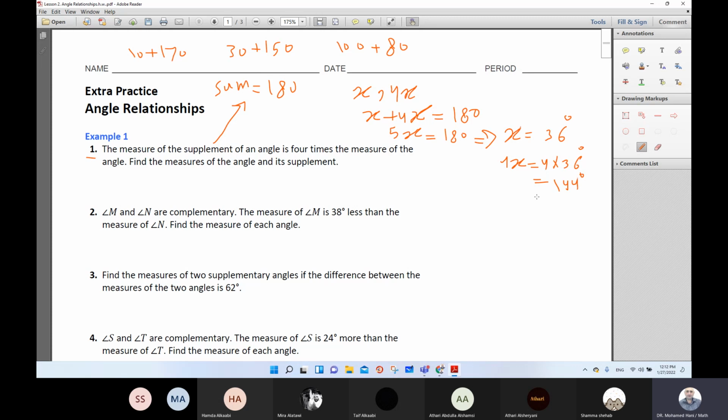To check our work, the sum of the two angles here must be 180. Is 36 degrees plus 144 degrees equal to 180 degrees? Yes, because the two angles are supplementary.